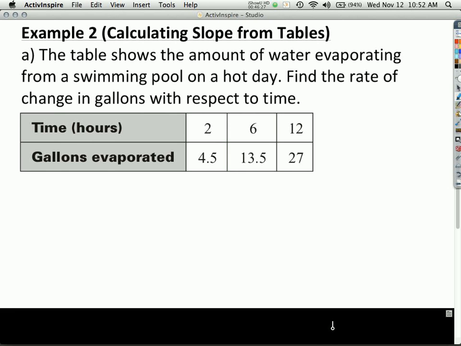So this is actually no different than what we just did 4 times. It's just given to us in a different way. So we have to know how to read the table, and then we're fine.